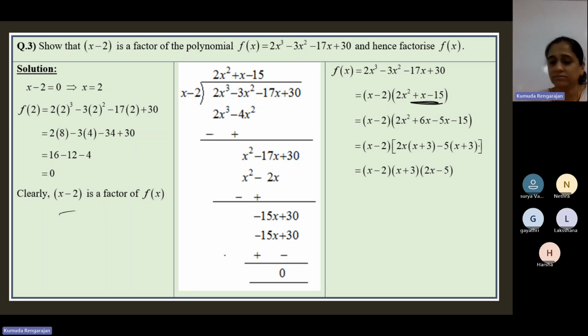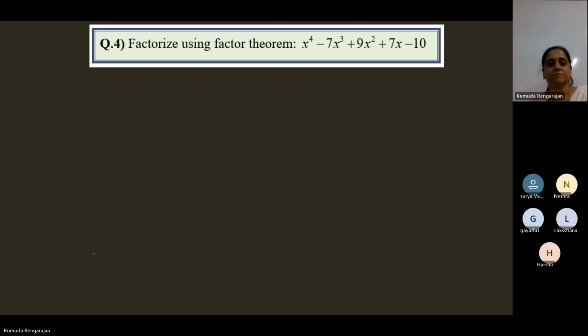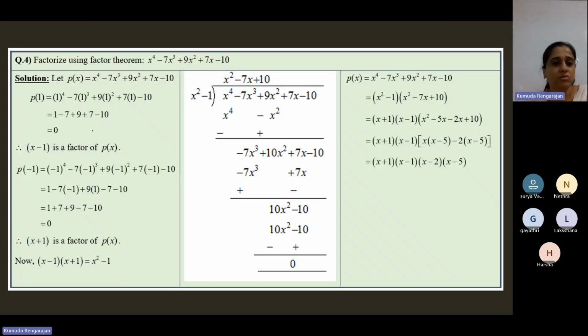Split the middle term, and you have all the 3 factors. By quadratic: find one value of x where the value of the polynomial is 0. Find another value of x where the value of the polynomial is 0. So like that you get 2 factors. Multiply the 2 factors, you get a quadratic factor.